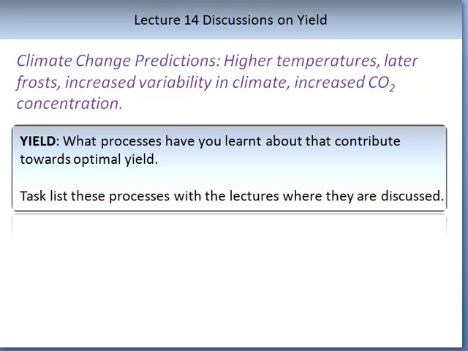In addition, by increasing the air evaporative demand, higher temperatures are often implicated with stomata closure, which further decreases photosynthesis due to reduced carbon dioxide flux in leaves. So I'm not going to attempt to give a definitive answer about how climate change predictions may impact on yield of crops grown in Australia.